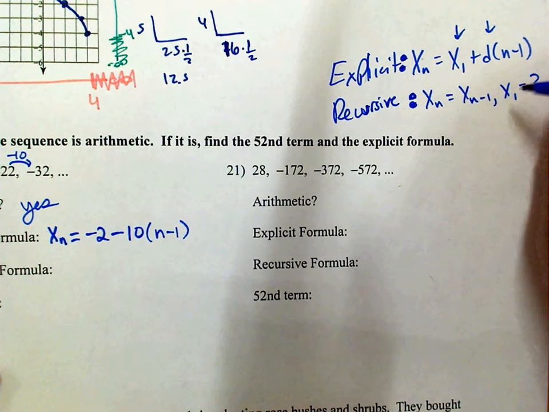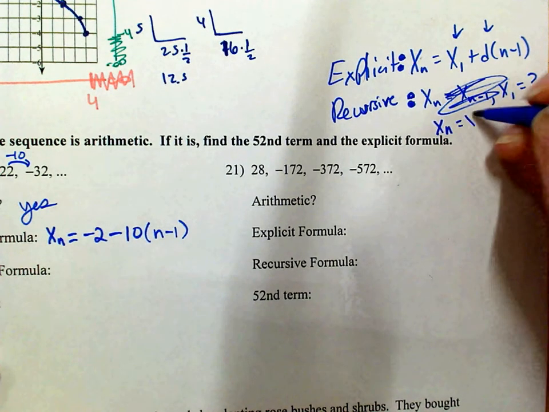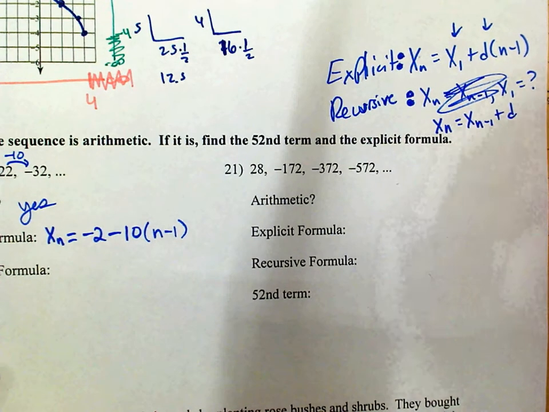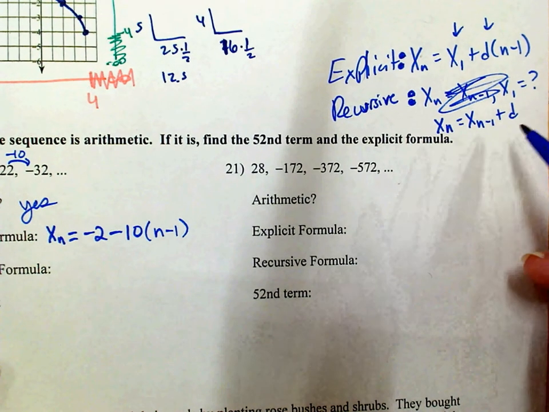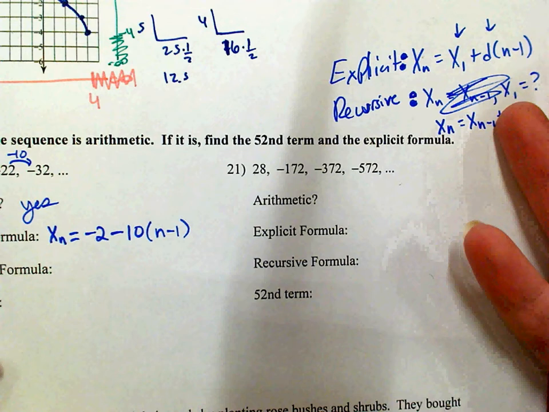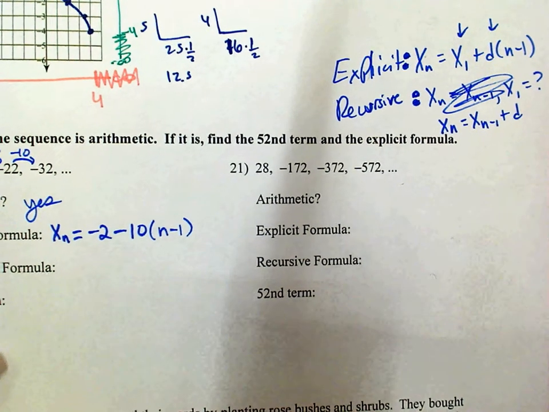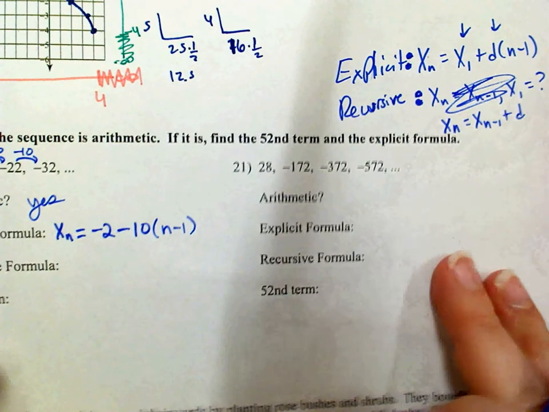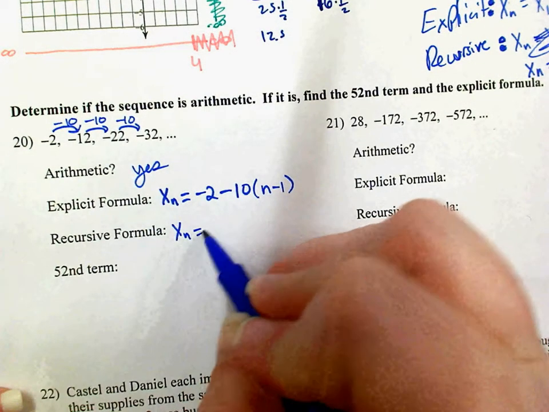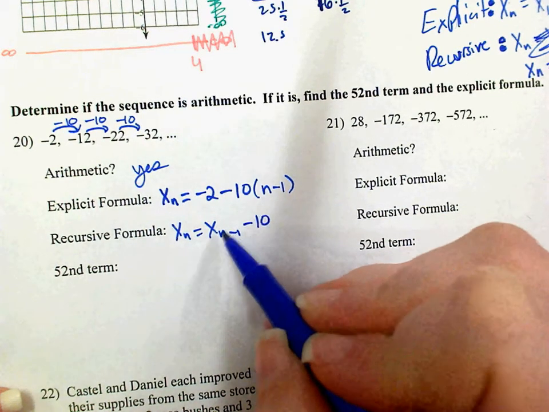And then tell me what the first term is. If you just said, in general, we just subtract 10, then what's to stop me from starting at 25? I mean, there's nothing that tells me I have to start at negative 2. So you have to tell me what the first term is. So x sub n equals x sub n minus 1 minus 10. This has to be a subscript, and that has to be in line with the x, comma, the first term is negative 2. So you just have to tell me that.